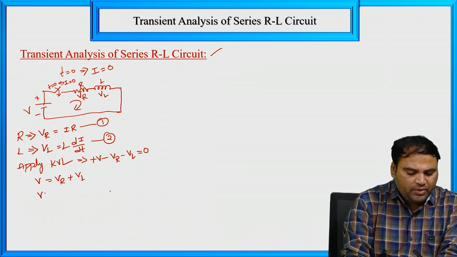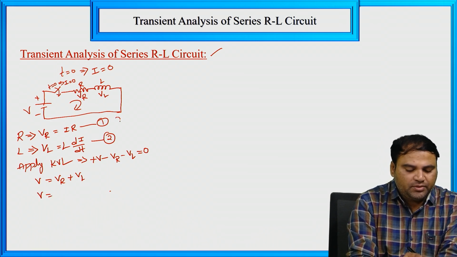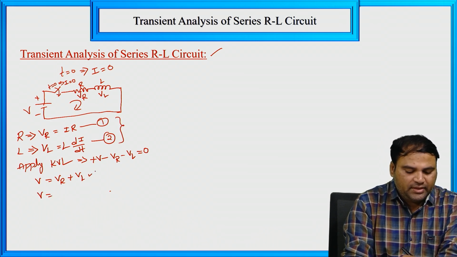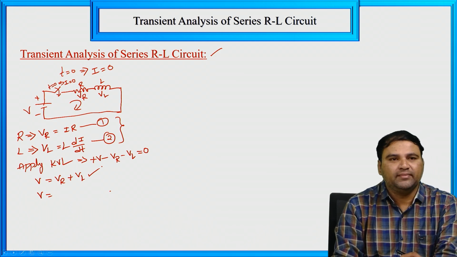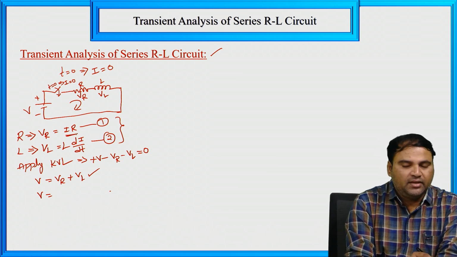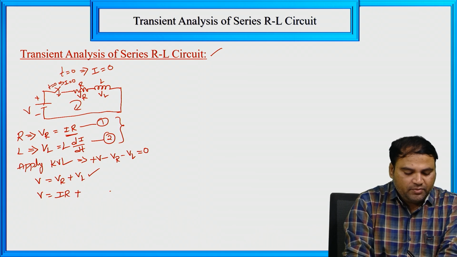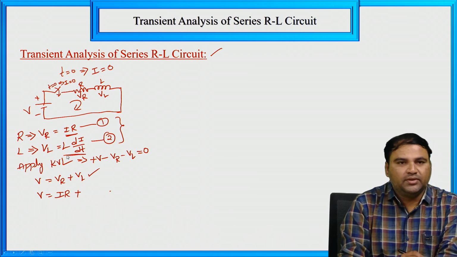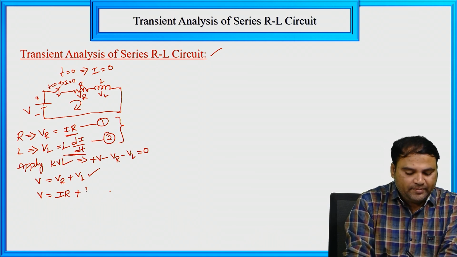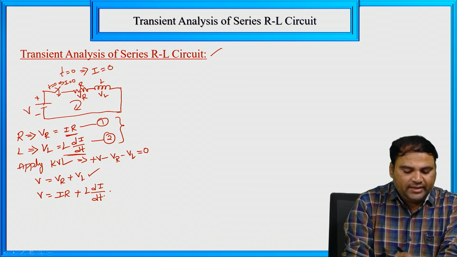Now substitute these two equations in V equal to VR plus VL. What is VR here? I into R, plus what is VL? L into di divided by dt.